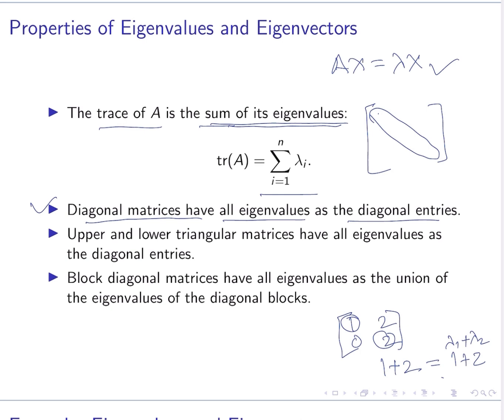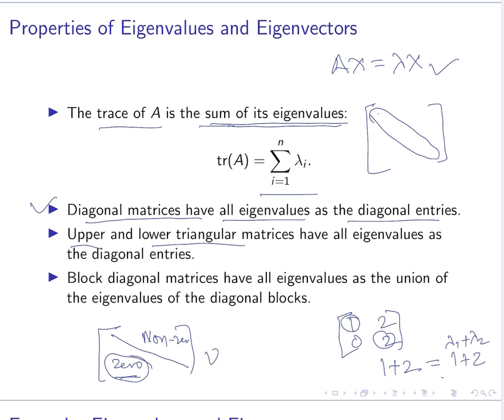But for objective question papers and all, you can very easily see the diagonal and read off what their eigenvalues are. Okay. Similarly, upper triangular and lower triangular. Upper triangular means the matrix has non-zero entries on and above the diagonal, and zero entries below.